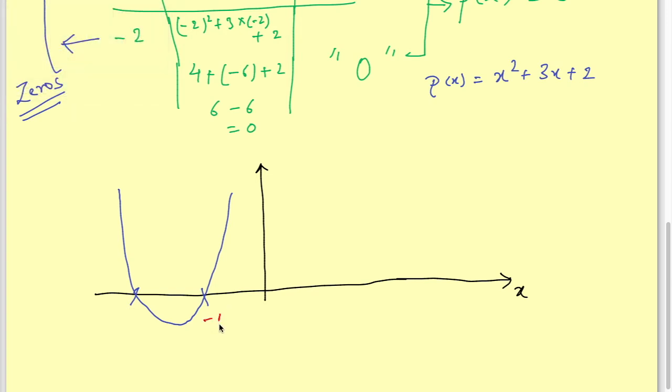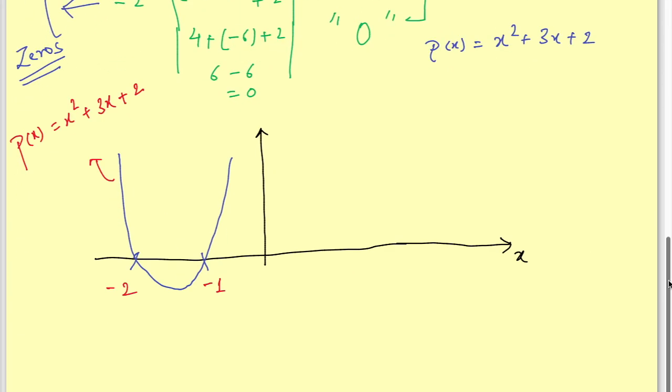This is minus 1, this is minus 2. This is my polynomial equation p of x equal to x square plus 3x plus 2. Okay, so let me label this. This is x-axis, this is y-axis, this is 0. So these are my zeros.